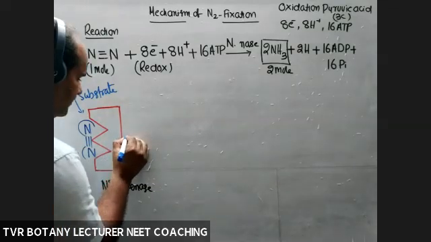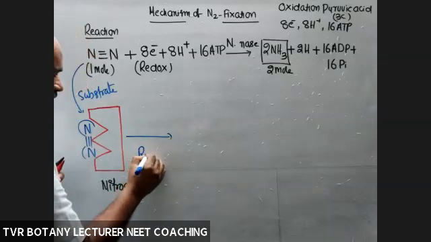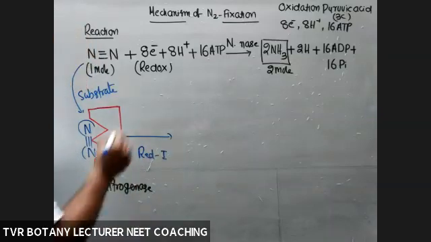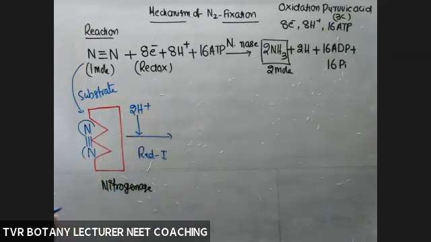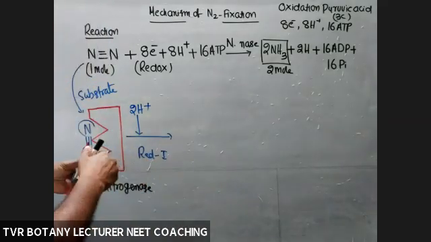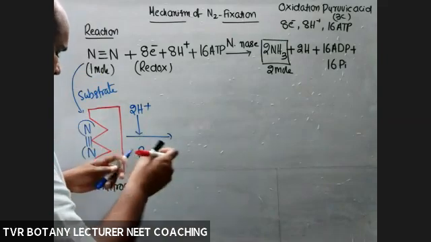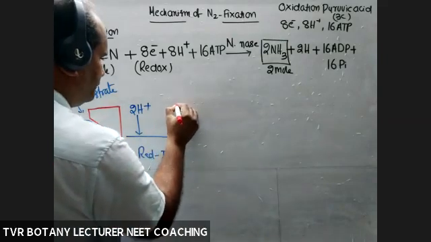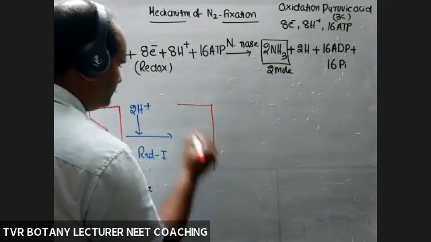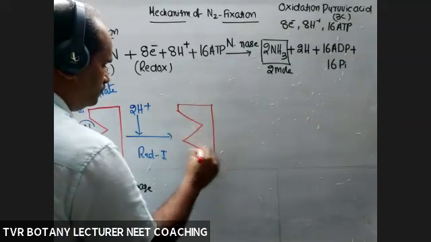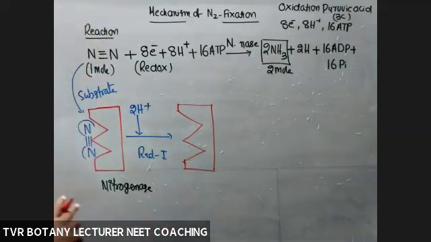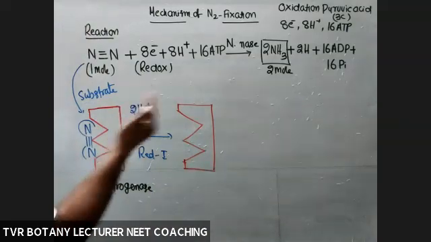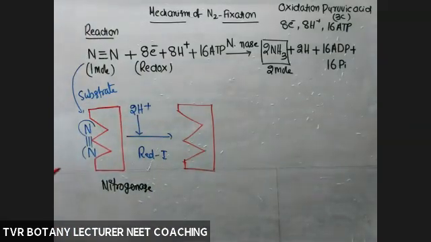Now, first reduction. What is the total number of H plus accepted? 2H plus. Now the intermediate compound, the unstable compound. After the addition of 2H plus, one covalent bond between the two atoms is removed.